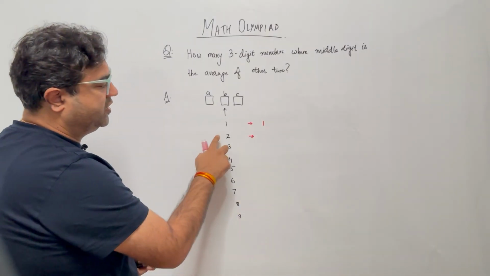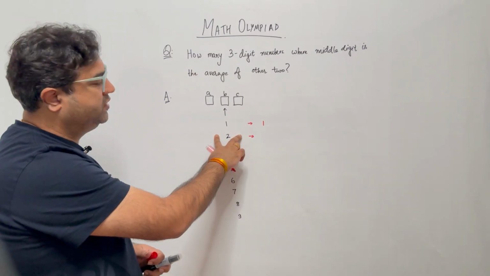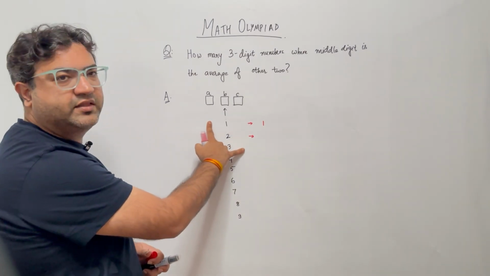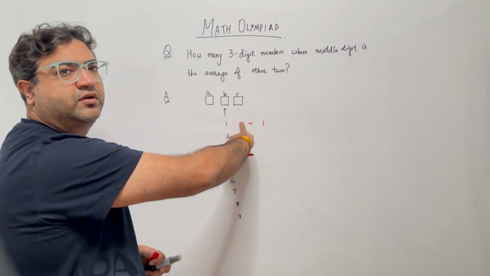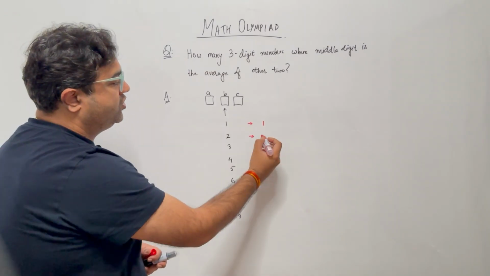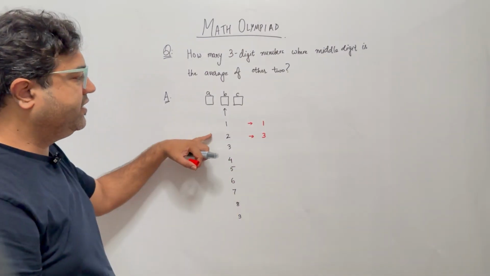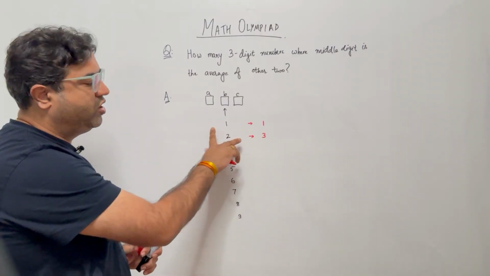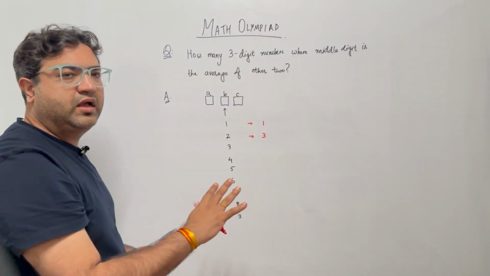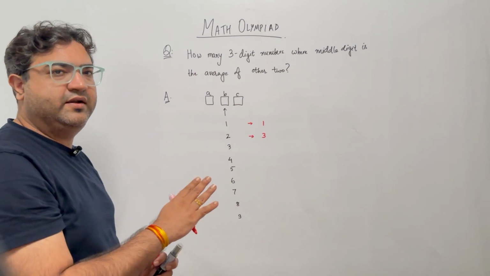Here, we know that 2 and 2 are certainly possible. Then 1 and 3 are possible, and 3 and 1 are possible. Correct? So there are 3 that we can identify based on whether the digits are equal or one off. There is one more possibility which I will come to at the end.